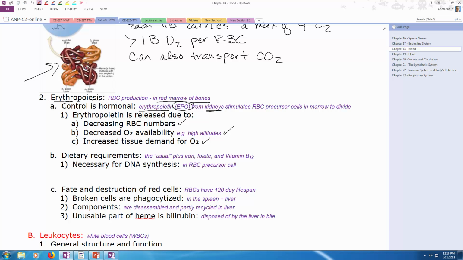Now, the interesting thing also about EPO is that it can be artificially made. So the kidneys were the source of erythropoietin originally, and then we found out we could make it in a lab. And so we started making it in a lab, and that became problematic. And why did that become problematic, so to speak?